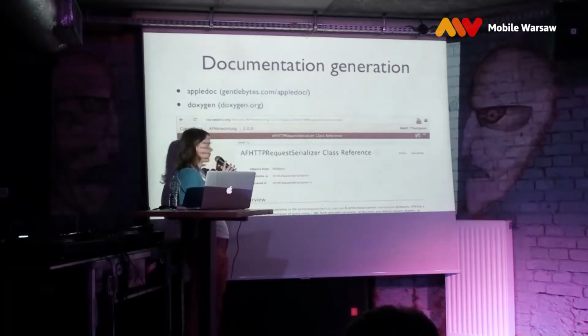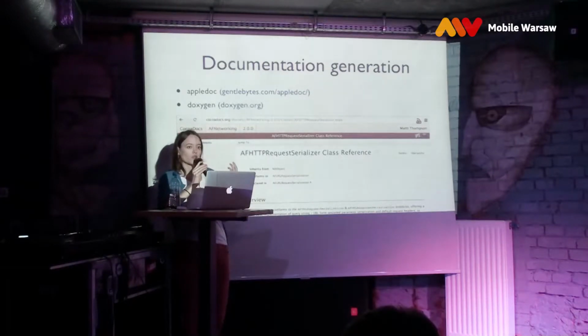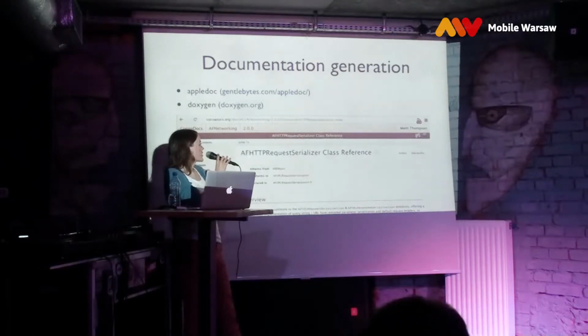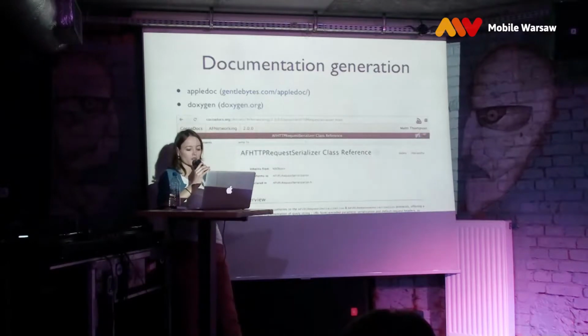And if you have a C++ background, you certainly know Doxygen, right? So that's kind of the standard out there for generating documentation, and it is also available for other languages such as Objective-C, for example.